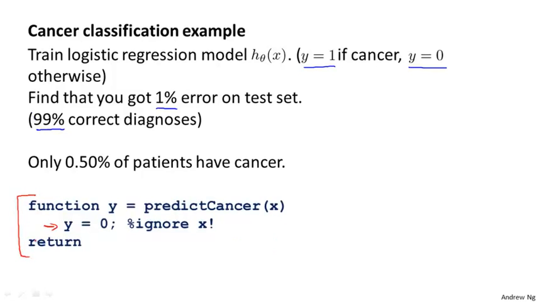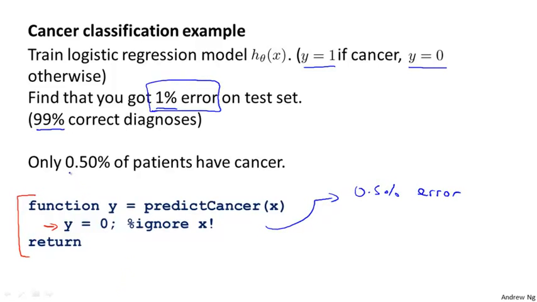It just sets y equals 0 and always predicts nobody has cancer. This algorithm would actually get 0.5% error. So this is even better than the 1% error that we're getting just now. And this is a non-learning algorithm that's just predicting y equals 0 all the time.